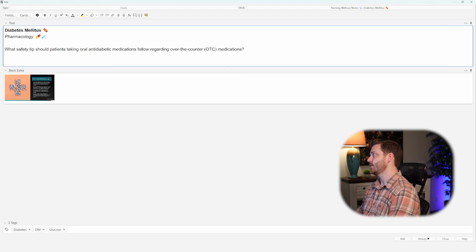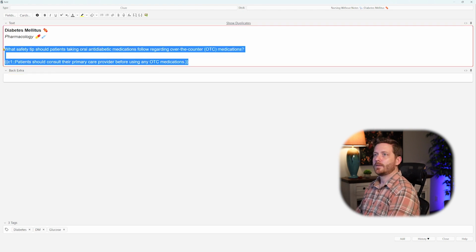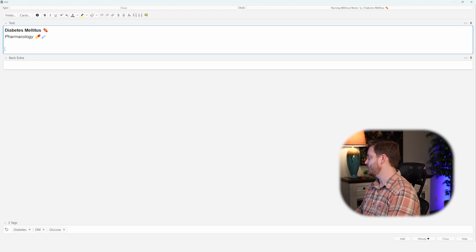You always need to consult the primary care provider before taking any of these OTC medications with prescription drugs. What safety tips should patients taking oral antidiabetic medications follow regarding OTC meds? Patients should consult their PCP before using any OTC medications. Like I said, that's just a general rule for any medication. All right, now let's move on along to metformin.